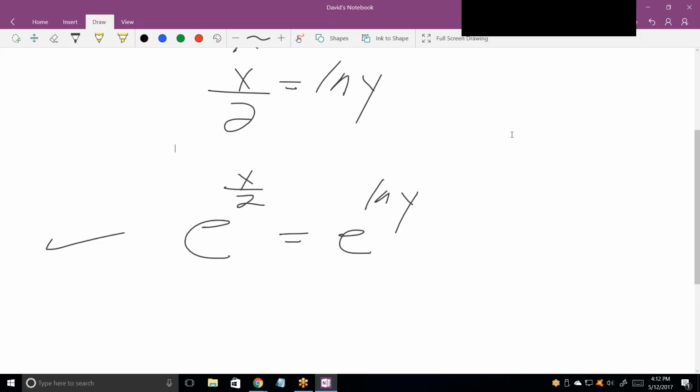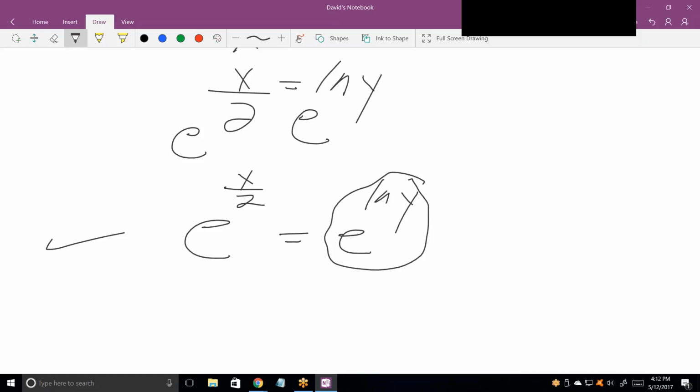I could make it 2, but e makes more sense because when you have e to the natural log of something, it's equal to that something. In other words, that turns into y. So y equals e to the x over 2, and that's again y inverse.